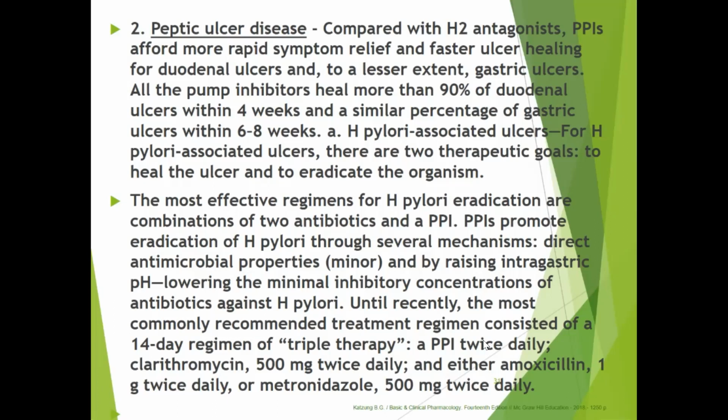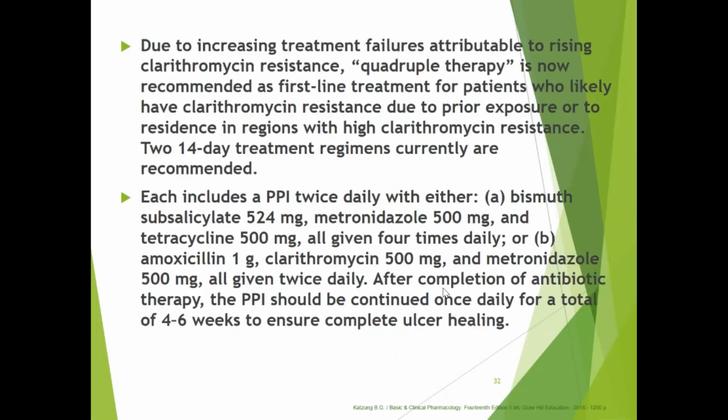The most effective regimen for Helicobacter pylori eradication is the combination of the proton pump inhibitor with a minimum of 2 antibiotics together, sometimes 3 antibiotics if there is resistance, and there is repeating of the treatment for our patients with Helicobacter positive gastritis or ulcer.